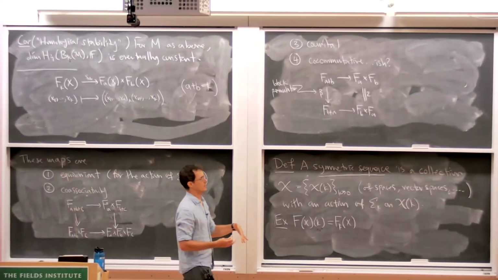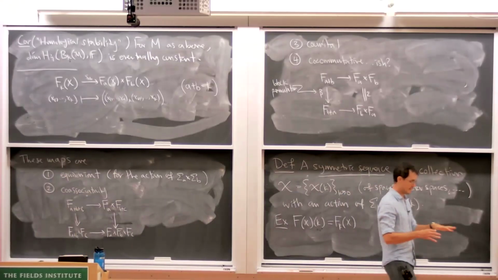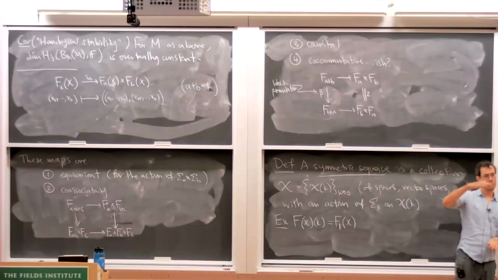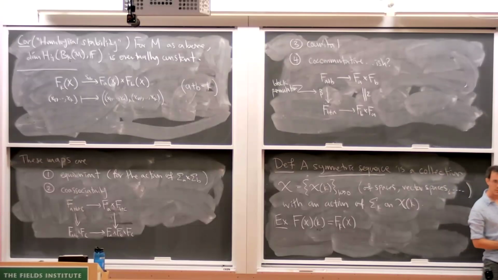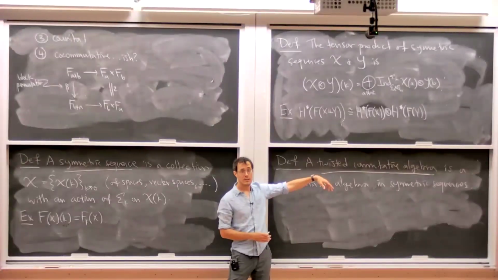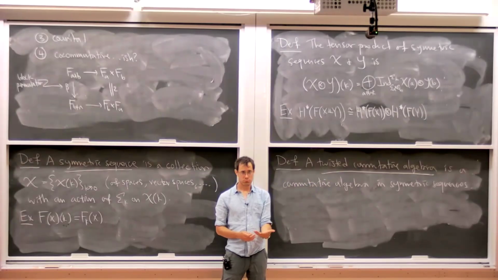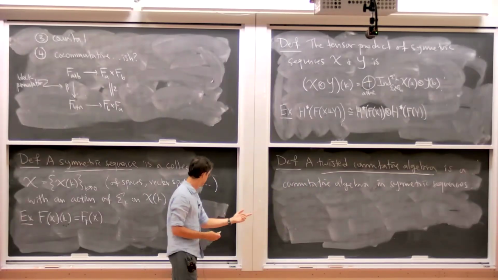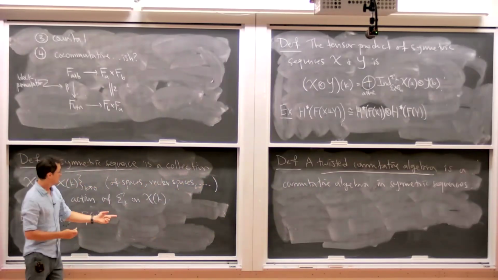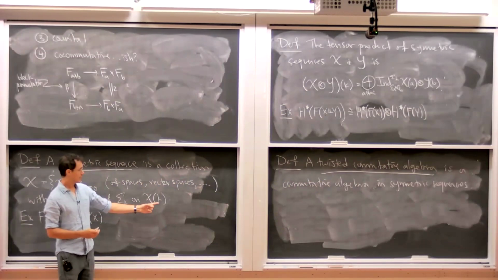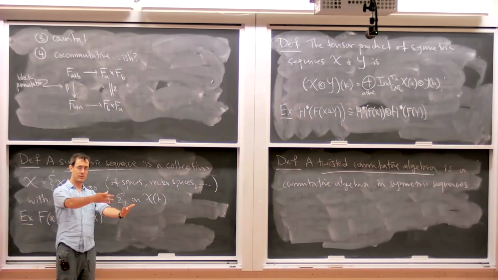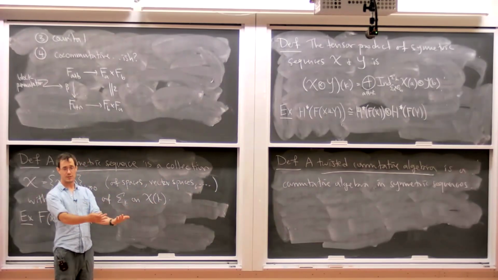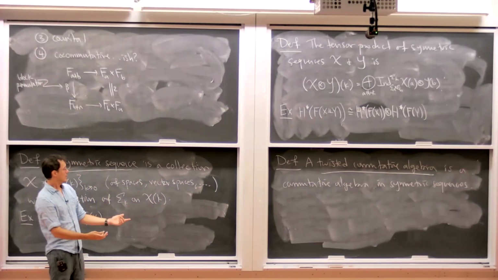If this feels like, as it sometimes can, enough words that you can't see what's underneath all the words, what a twisted commutative algebra is, it's a graded algebra. So in other words, I can multiply something in the kth piece and the lth piece and get something in the k plus lth piece. It's associative in the normal sense.